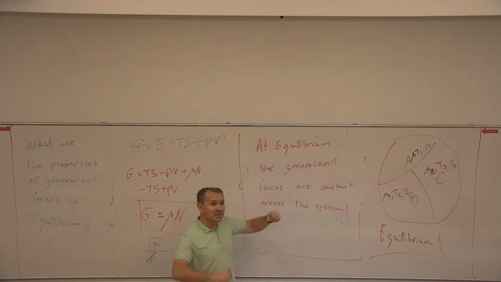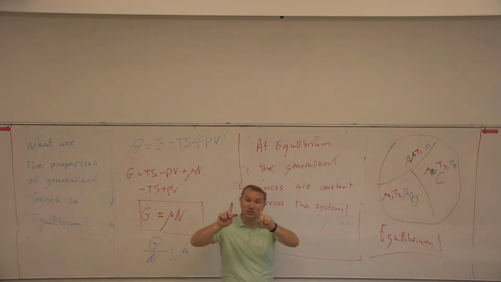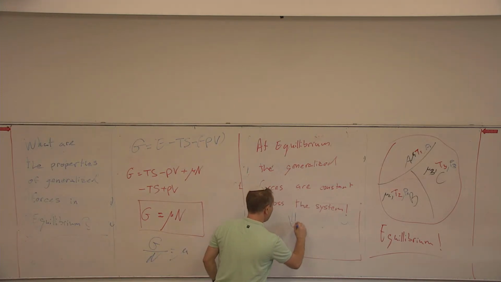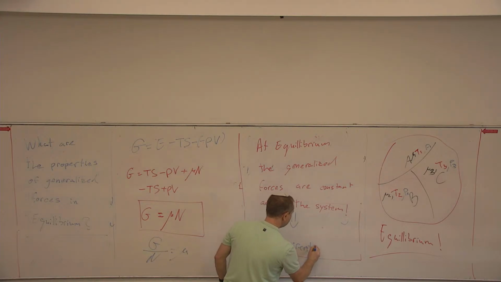So the moment that you have constant, or homogeneous, forces across your whole system, the consequence is that there are no currents inside the system.